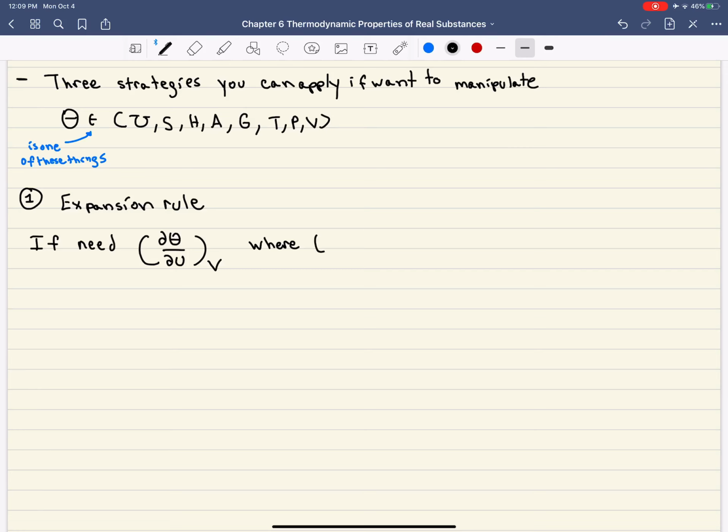But when you defined theta originally, you had it in terms of some other variables.